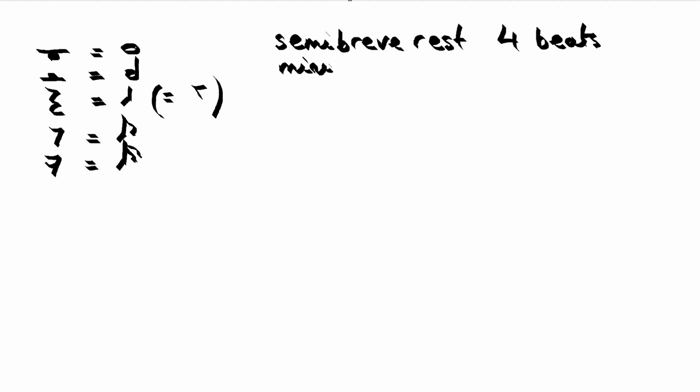So we have the semi-breve rest, worth 4 beats, 4 crotchet beats we should say. We have the minim rest. You can of course use the American names if you want, the whole note rest and the half note rest respectively.